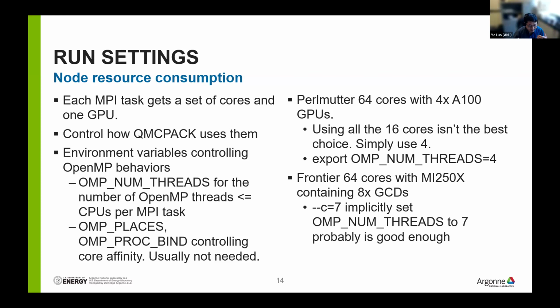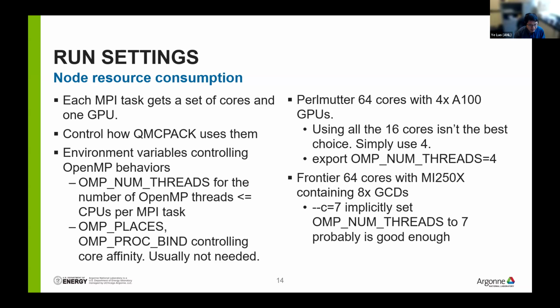One control is OMP_NUM_THREADS. The only requirement is it needs to be equal to or smaller than the CPUs per MPI task. That's why on the right side you see the example. Earlier, I mentioned 16 cores are assigned to QMCPACK. But because QMCPACK doesn't really need to use all of them, you can explicitly set export OMP_NUM_THREADS equal to 4. Say, I'm only using 4 of the 16 cores.